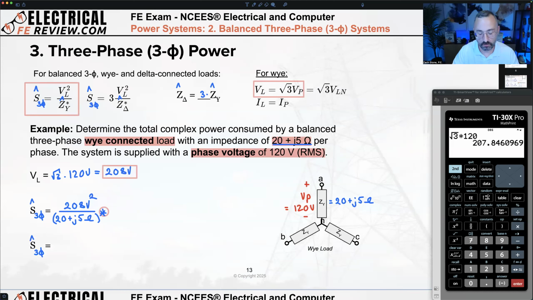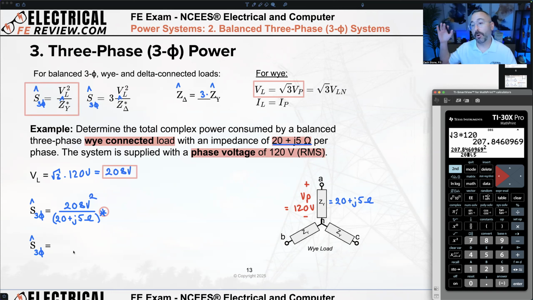Let's find out. Back in my calculator, I'm going to take this last value, square it, and put it on top of a fraction. My Y connected load is 20 plus J5, but I've got to apply the conjugate. How do I apply the conjugate to this load? What do I have to change? What's my cursor on my calculator hovering over? Just like we talked about changing the angle, if it's positive, then you make it negative.